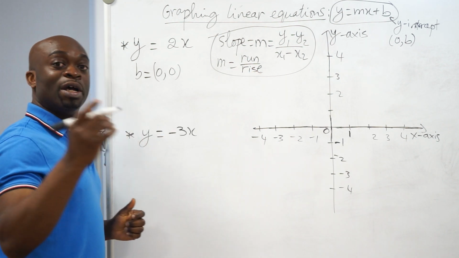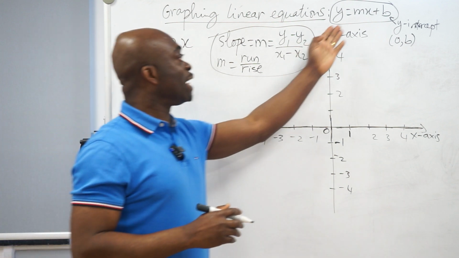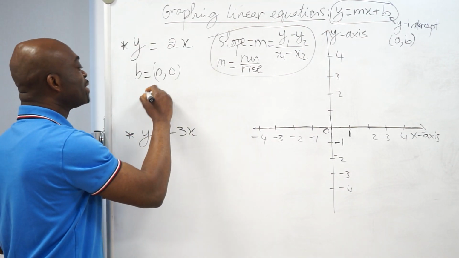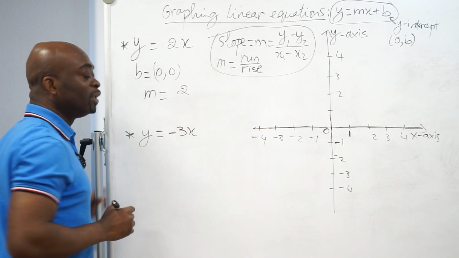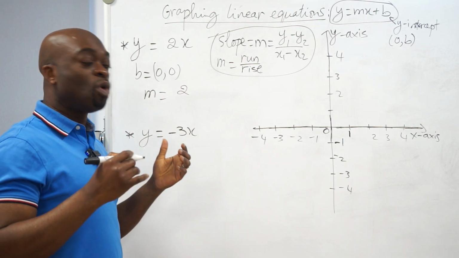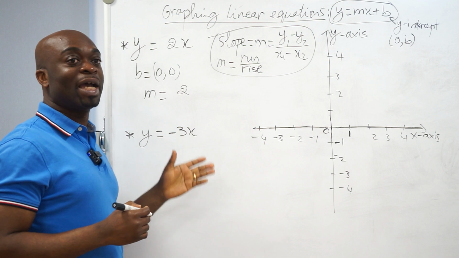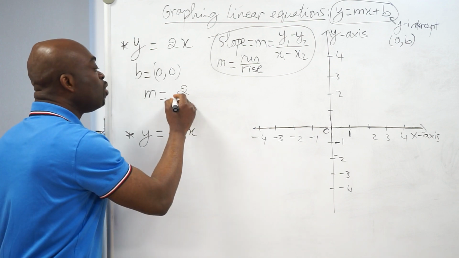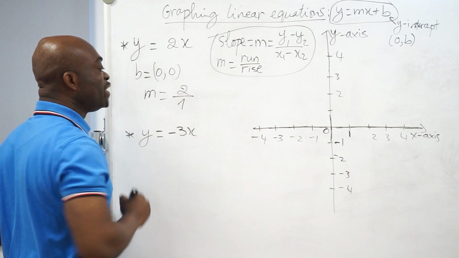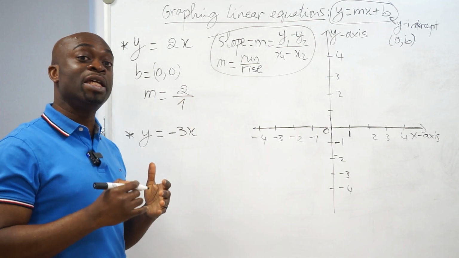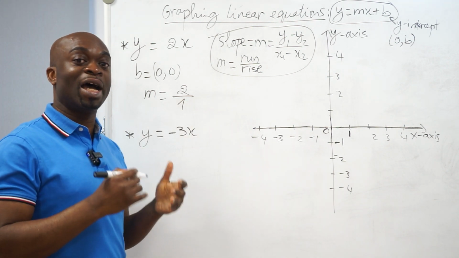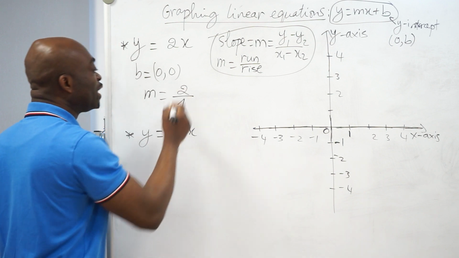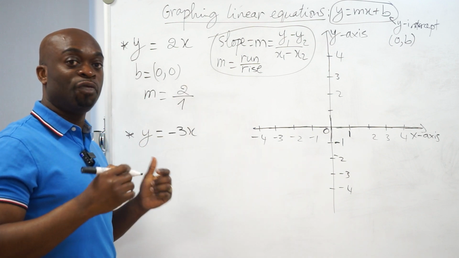Now, our m here is what? As we look at y equals mx plus b, and m is the slope, our m in this case is going to be 2. However, what we usually do is put m as a fraction. What do we have underneath? An invisible 1. Any whole number actually has an invisible 1 underneath it, so we can make it m equals 2 over 1.